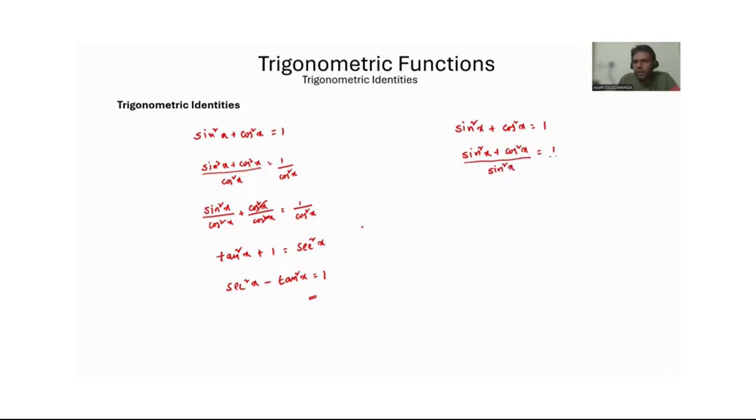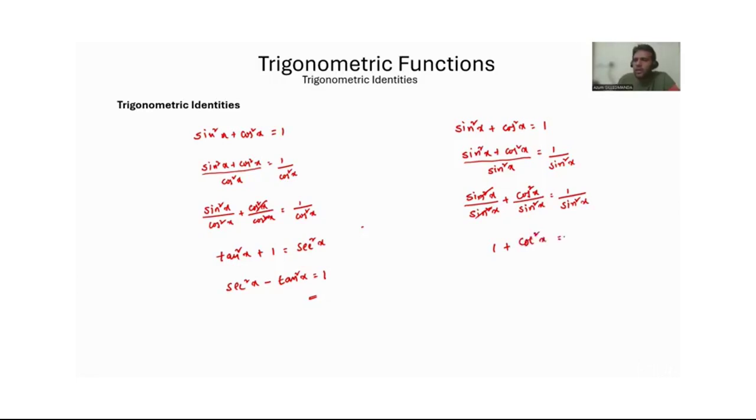So sin square x by sin square x, and split that into both sin square x and cos square x. This becomes 1 plus cos square x by sin square x, hope you're following, guys, equal to 1 by sin square x. Now the sin square x and sin square x I can cancel. So this 1 plus cos square x by sin square x I can write as cot square x.